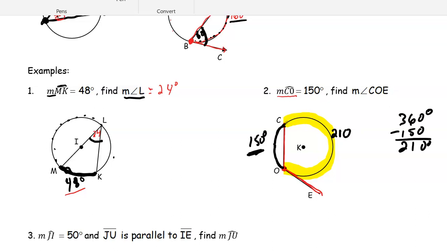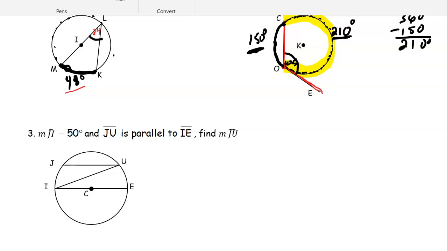So that when we add the 150 along with this yellow part, the 210, we add up to be 360 degrees, like we know a full circle is always going to have. All right, so if we're ultimately looking for our angle COE, this angle here has to be half of the intercepted arc, which is 210. So this angle must be 105 degrees.